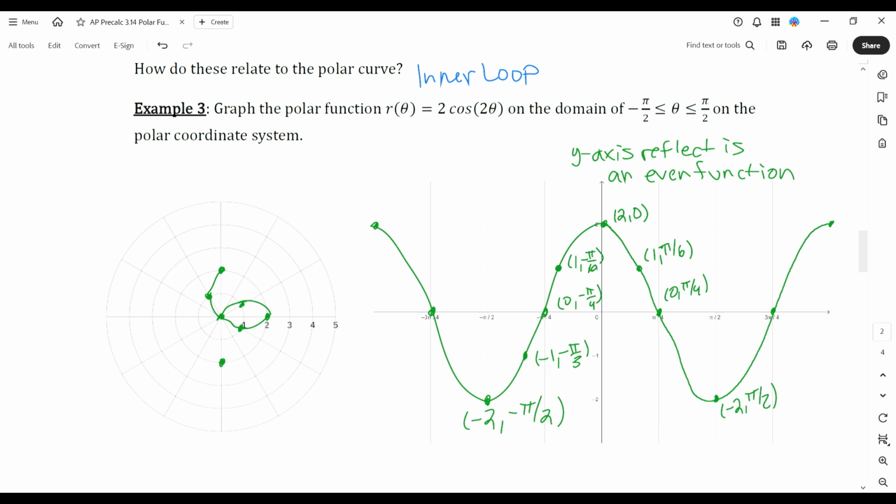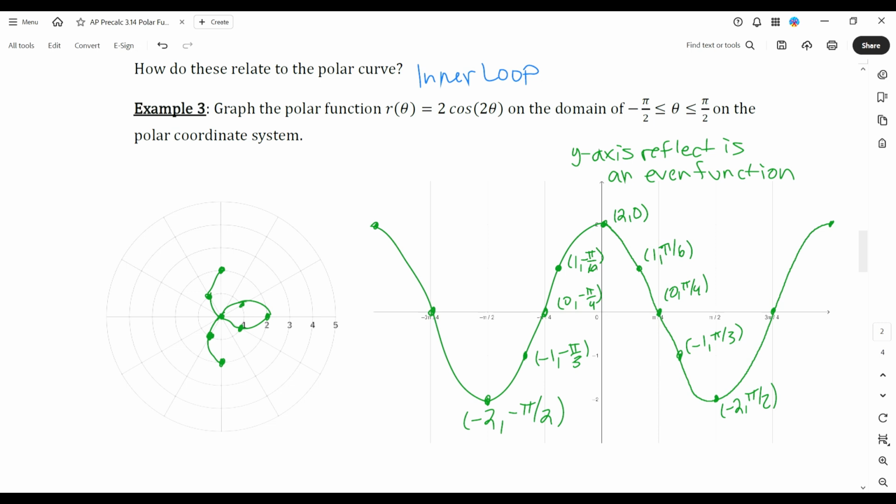And then down beneath here, at negative 1, I have a value at pi over 3. 2 cosine of 2 times pi over 3 is negative 1. So that value, radius of 1, angle pi over 3 reflected across. Boom, boom. That is a polar graph.